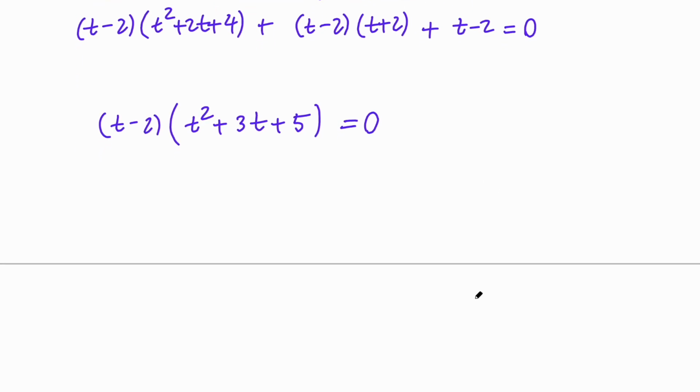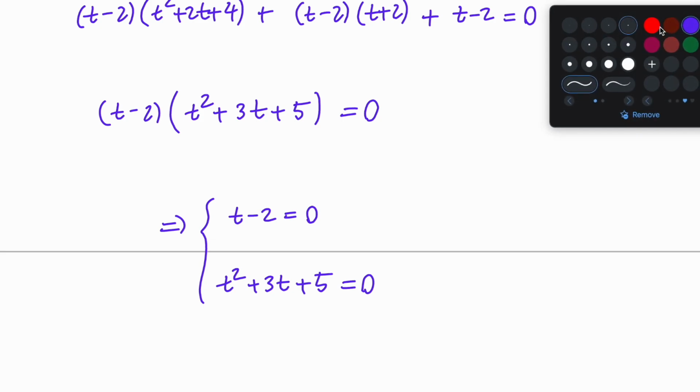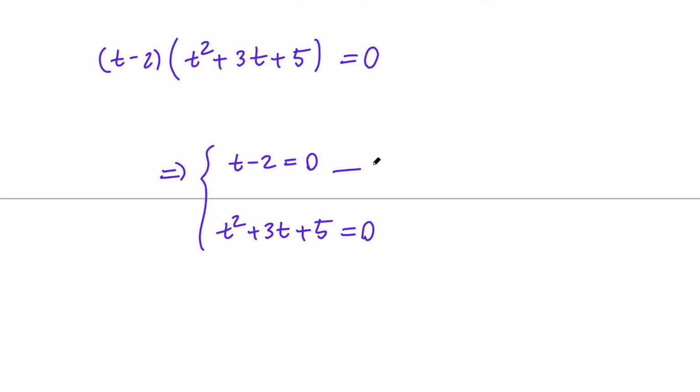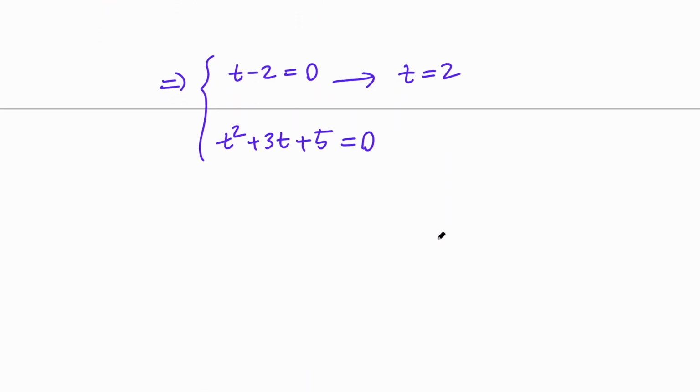So we can go ahead and use the zero product property and say that either t minus 2 equals 0 or t squared plus 3t plus 5 equals 0. Obviously, from the first one, we're going to get t equals 2. But from the second one, by using the quadratic formula, we're going to get something interesting.